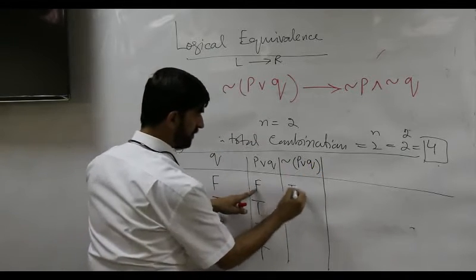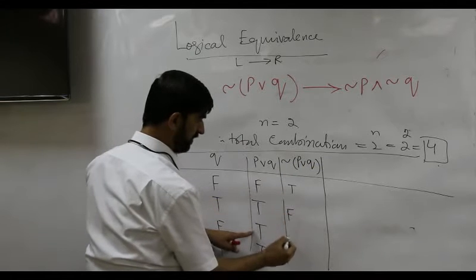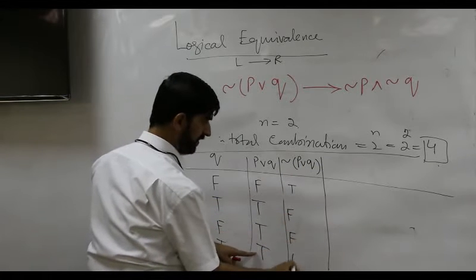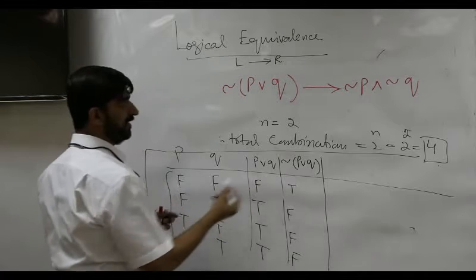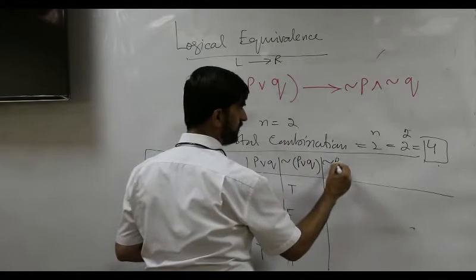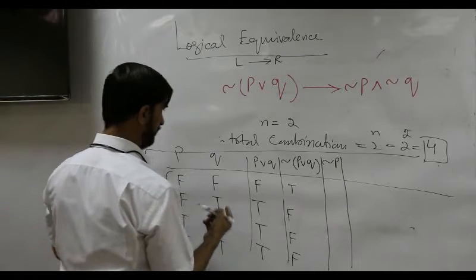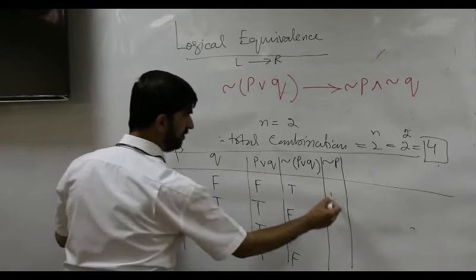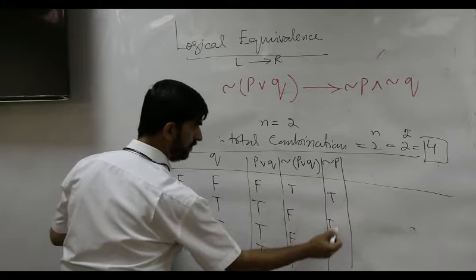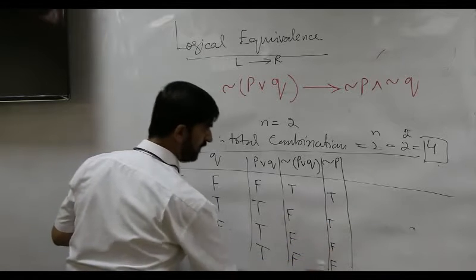Negation of false will be true, negation of true will be false, negation of true will be false, negation of true will be false. Then we will take the negation of P. Negation of P will be true, true, false, false.